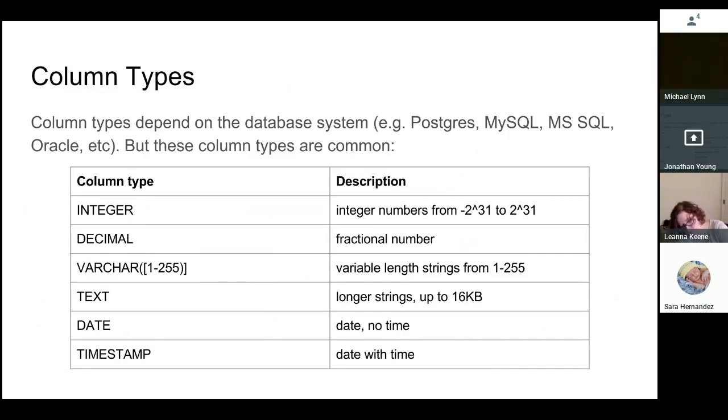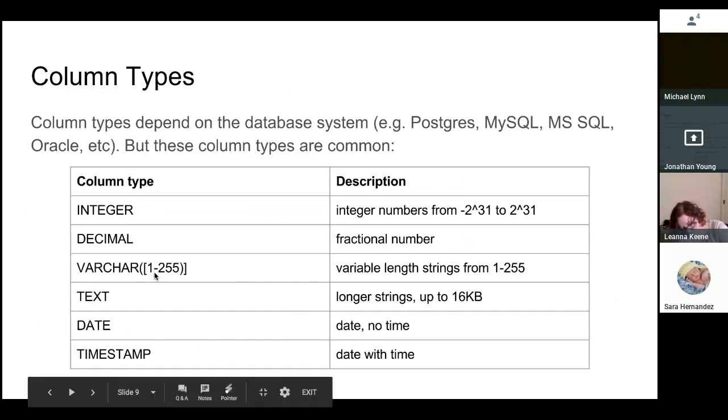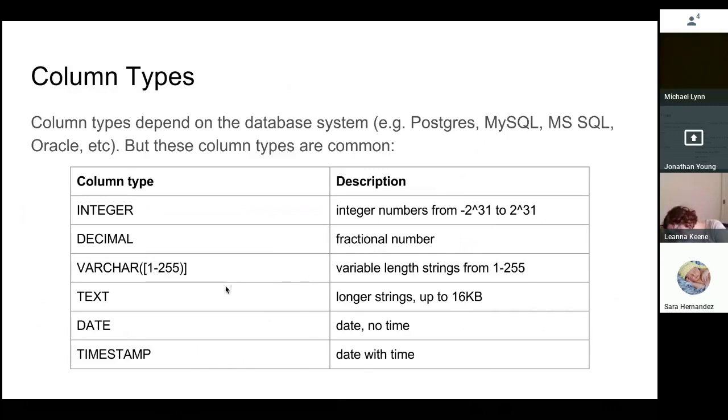But if I had a bio section and people are typing out a paragraph or two about themselves, I'd want to save it as text because it goes past that 255 character limit. So is it up to the programmer? It is up to the programmer, yeah. Max character. Exactly, yeah.